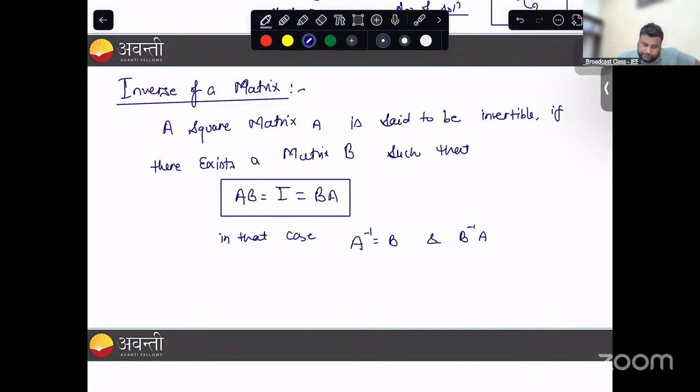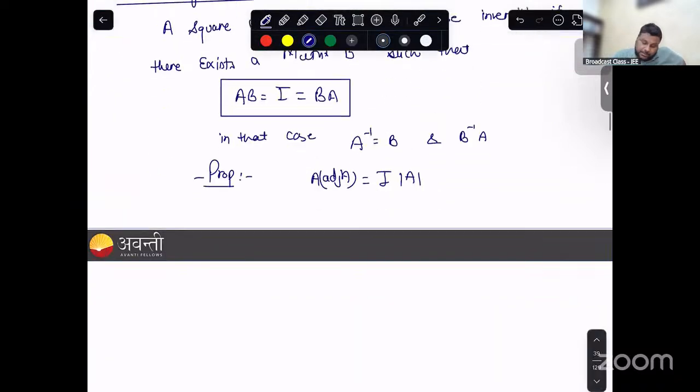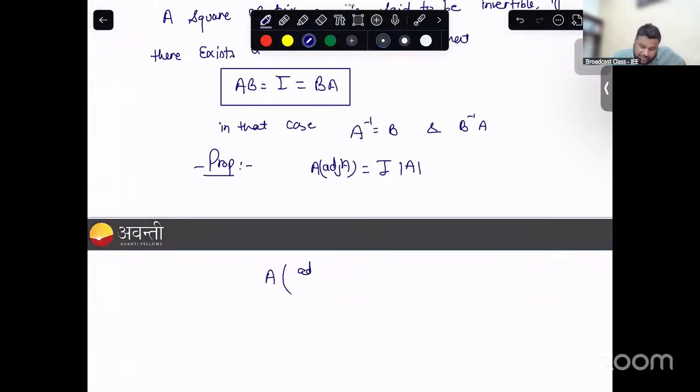Now see the property. Just now we studied that A into adjoint A is determinant of A into I. Let's consider a third order matrix only. So you can say A into adjoint A upon determinant of A is I, and that is also adjoint A upon determinant of A into A. Got it?